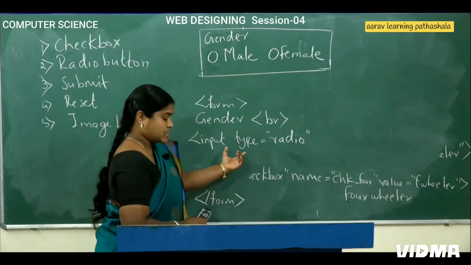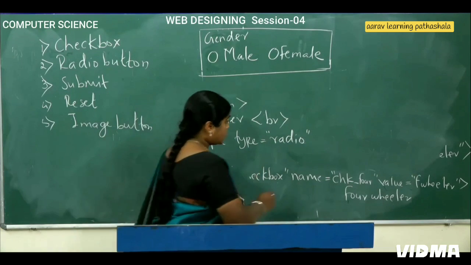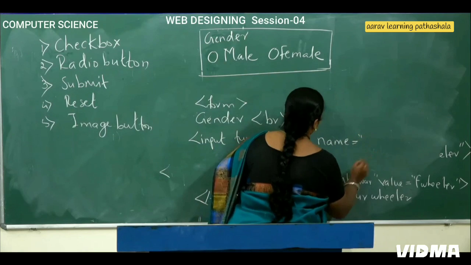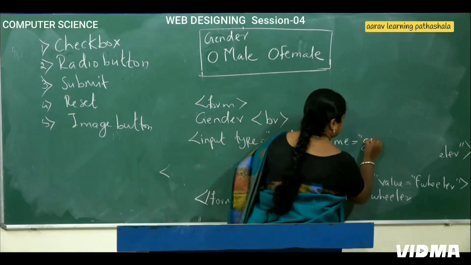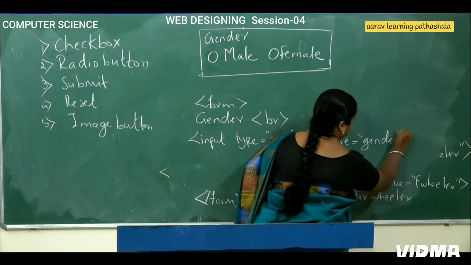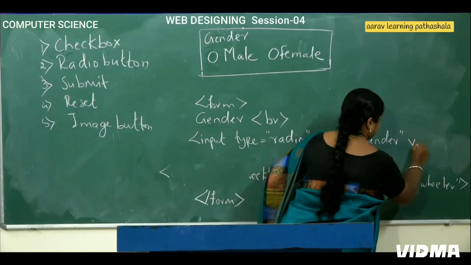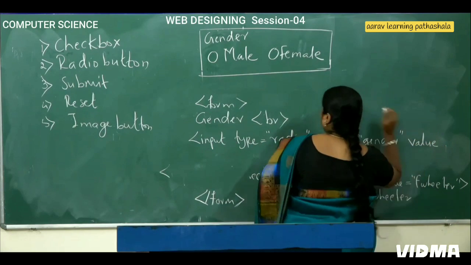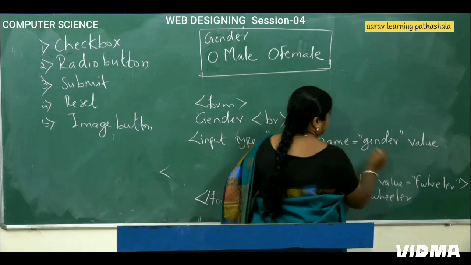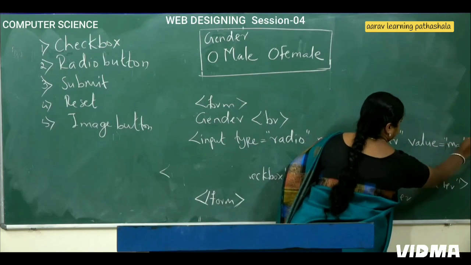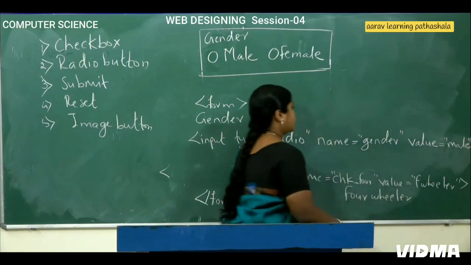The important thing is type is equal to radio. Now after this, name is equal to gender. Then value. When a person selects this particular radio button, the value it should have is male. Double quote complete, tag complete.